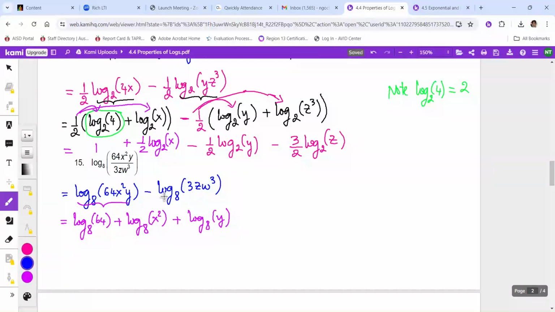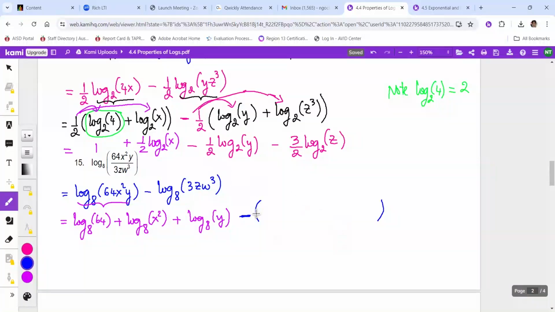Move on to the next term. We have the negative, or the minus. So I'm going to go ahead and bring it first. Now here, keep in mind that when we distribute this, we still have the negative. So here we are going to use the product property to expand this term, but I'm going to put them inside the parentheses because we still have to go back and distribute -1.